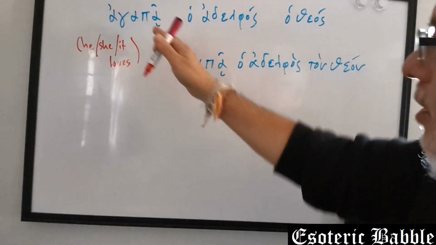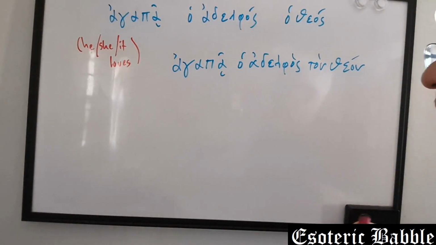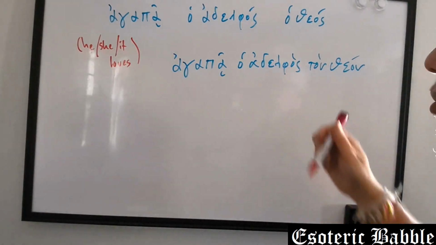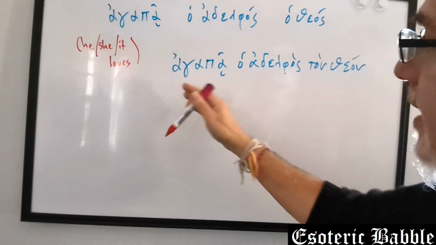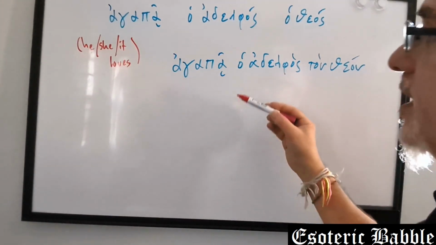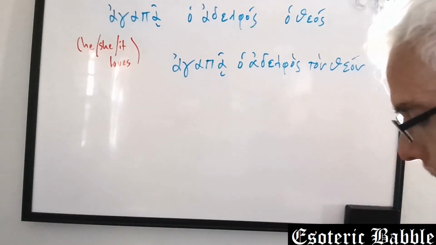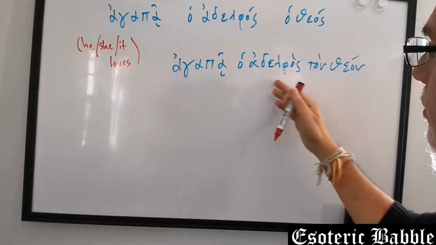So we aren't in this video directly addressing the verb, so we're just going to understand that agapa means he, she, or it loves. And then we're going to look here.